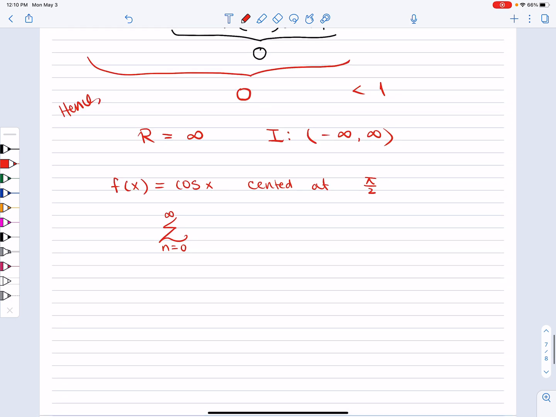Negative 1 to the n plus 1 over 2n plus 1 factorial times x minus pi over 2 to the 2n plus 1. So the center again is pi over 2. The radius is infinity. And the interval of convergence will be from negative infinity to positive infinity.